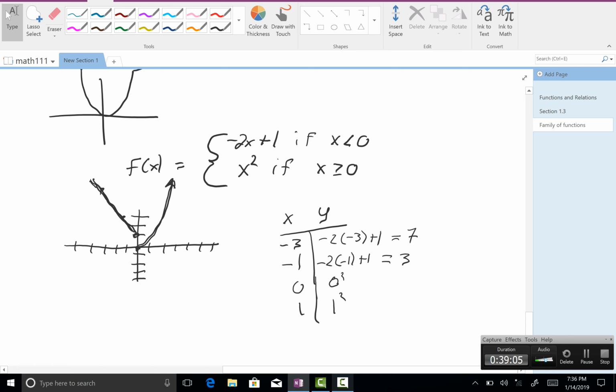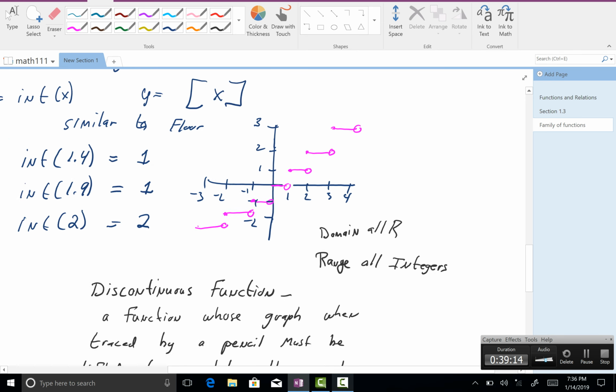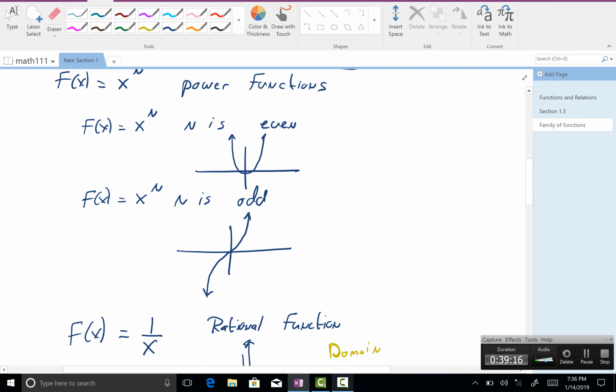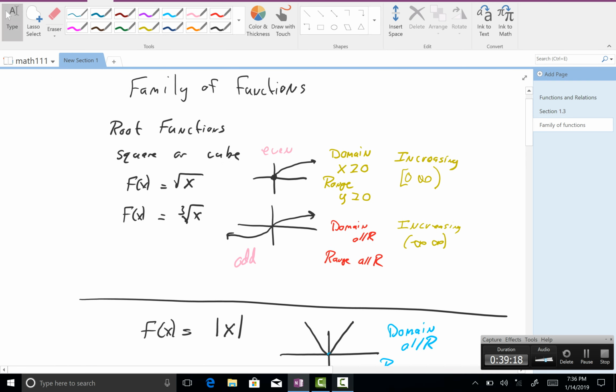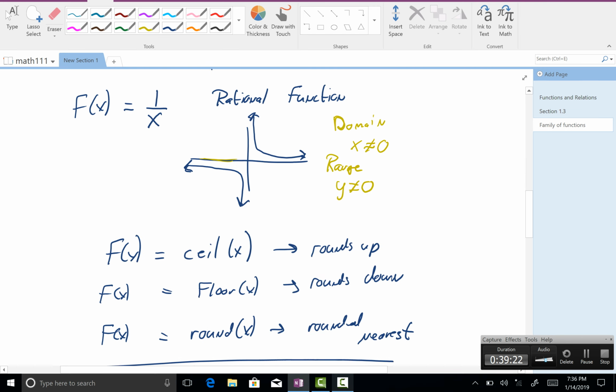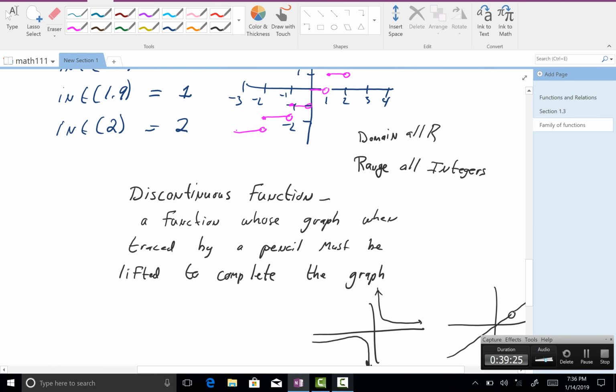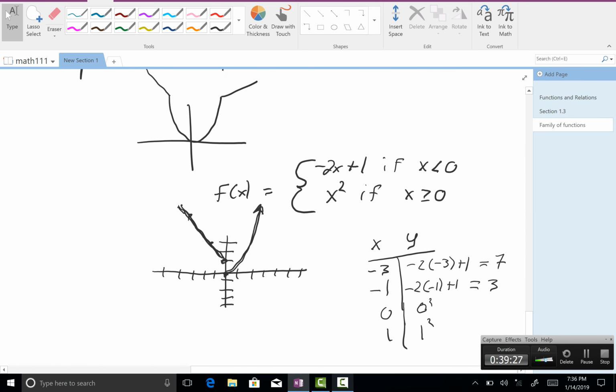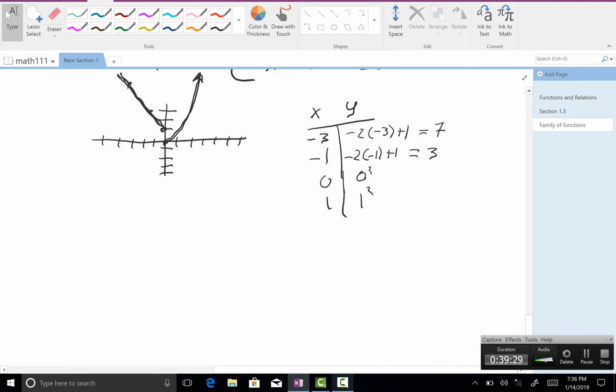So we did the power function stuff, looked at the ceiling, floor, talked about the domain and ranges, discontinuous, piecewise, and that stuff. That's kind of what we talked about. Any questions on anything?